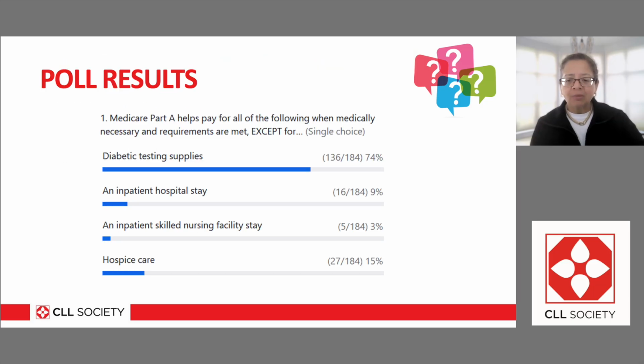Well, I'm glad to see the webinar is working. The answer to the first one is correct. Diabetic testing supplies are not part of Part A inpatient care. Inpatient hospice care, inpatient hospital care, inpatient skilled nursing is all covered. Diabetic testing supplies are not. Great.